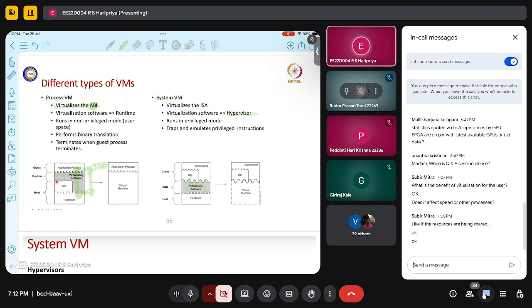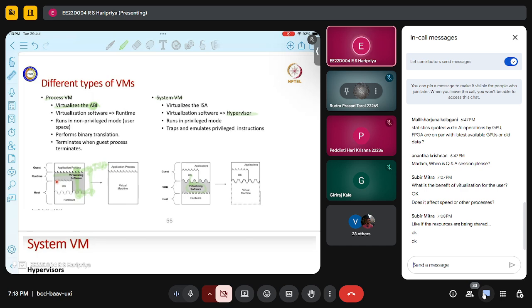That bytecode is an example in this case. Now the application process is just seeing this ISA that is provided by this virtual machine. So this is no longer dependent on the application binary interface.